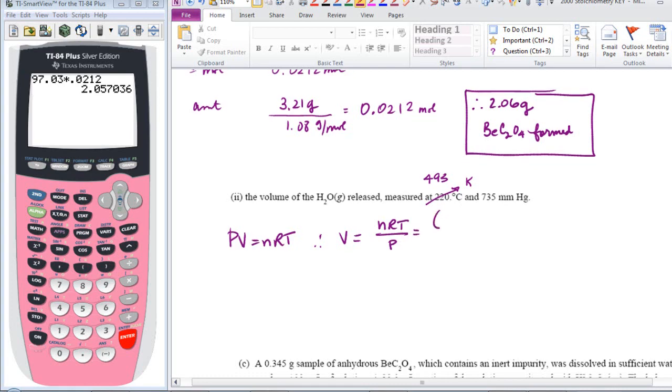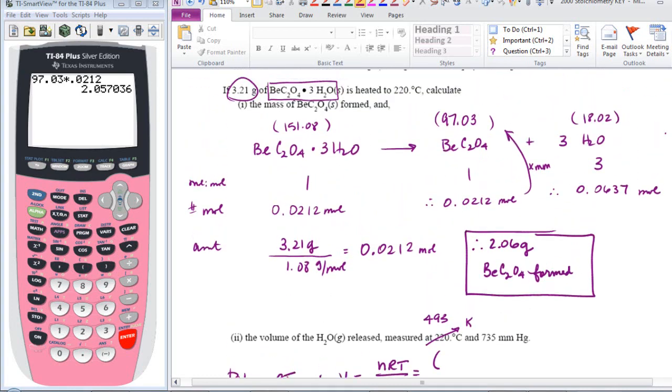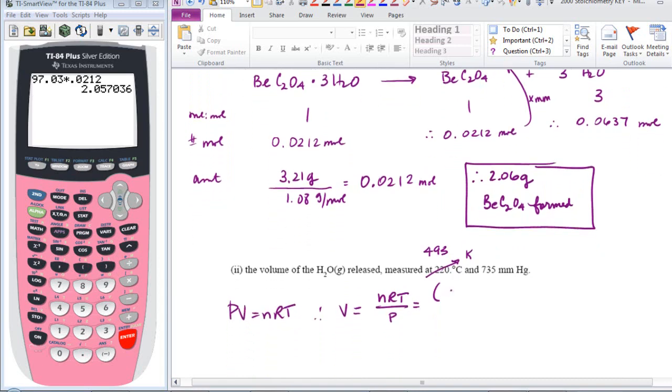So I have my how many moles? 0.0637 times my good buddy R, liter atmosphere per mole Kelvin, and my newly determined 493 Kelvin, and all that mess is divided by atmospheres.